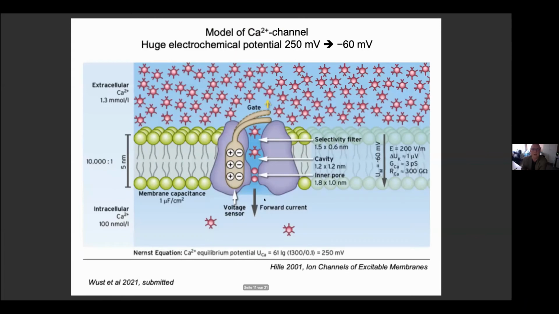And in the case of the calcium channel, which is probably the major cause of the calcium increase and of the non-thermal effects, the calcium channel looks very similar to all the other channels.